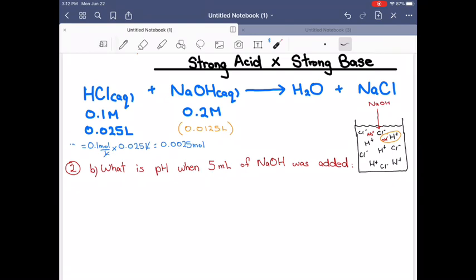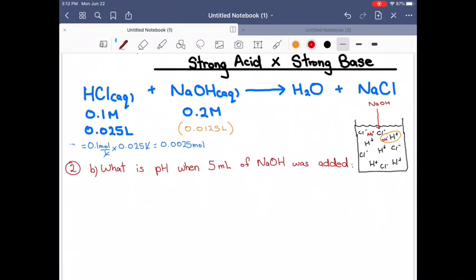So first what you want to do is figure out at 5 milliliter and at 0.2 molar, what is the mole of NaOH? Because by knowing the mole of NaOH, you can use stoichiometry to find the mole of H plus reacted. Subtract that by this number and you know how much HCl is left. Simple, right? Let's do it.